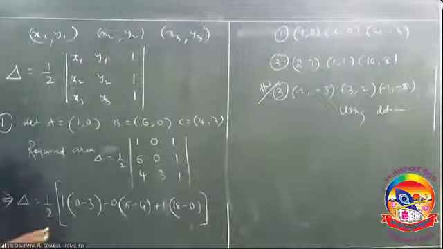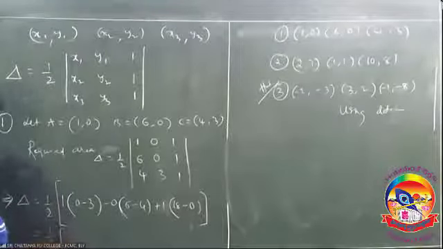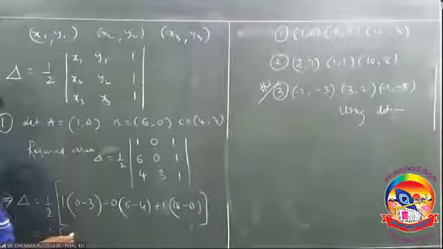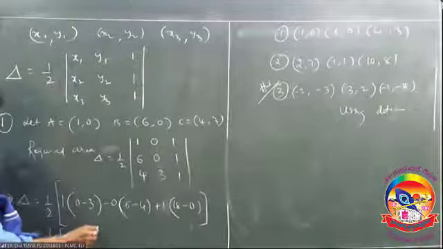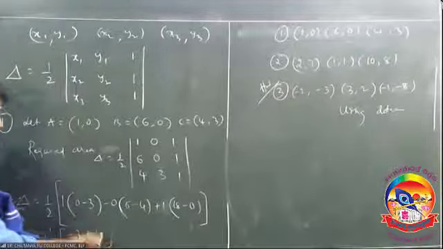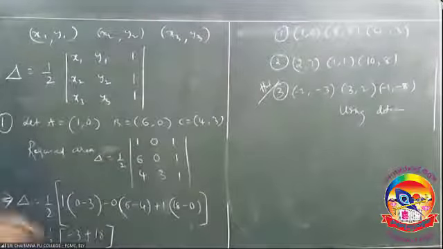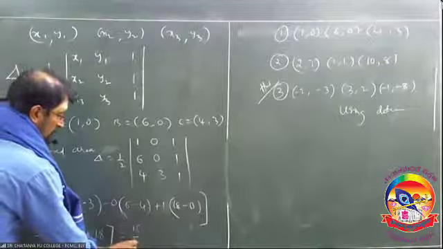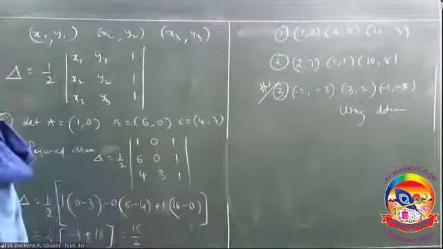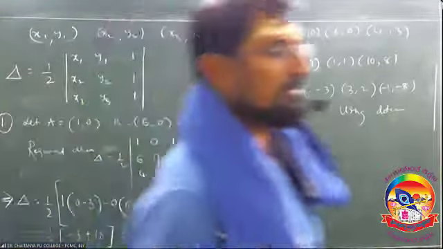Now I am going to get 1 by 2 into, this is minus 3, this is 0, plus 18. You are going to get 15 by 2 square units. I hope you understood this one.